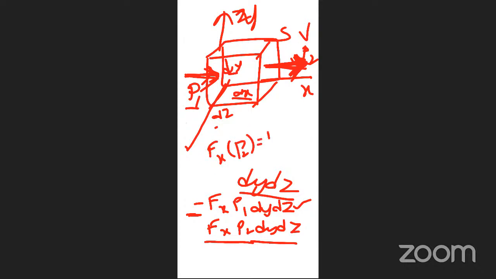That is Fx at P1 plus ∂Fx/∂x into dx, the variation in the x direction. So first of all, let us look at the right side and left side fluxes.